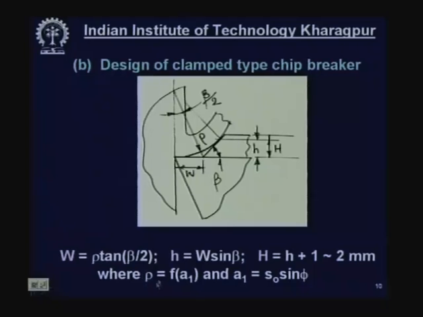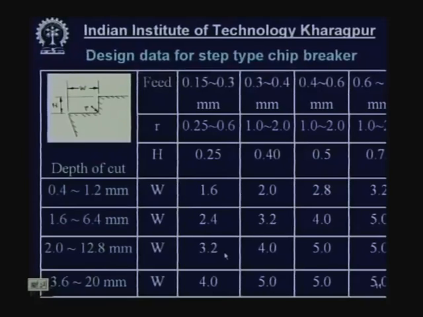But this relation of A1, the uncut chip thickness, and rho, the critical radius of curvature of the chip at which it is expected to break, should be taken from the chart. Now, here is the result of a lot of research already done for design of the chip breaker.